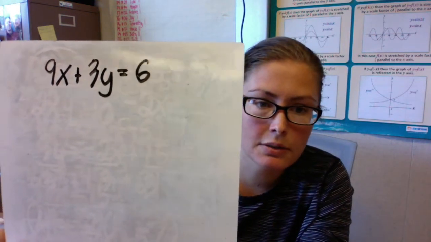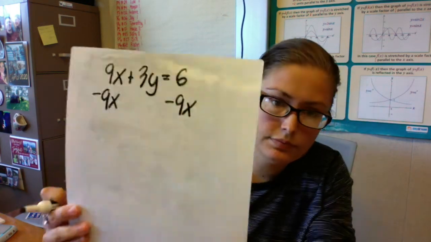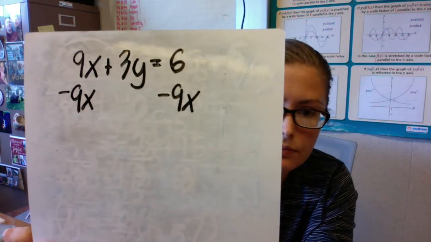Okay, next one we have 9x plus 3y is equal to 6. Again, we want to put in the y equals mx plus b form. So we're going to subtract 9x from both sides. We get 3y is equal to negative 9x plus 6.